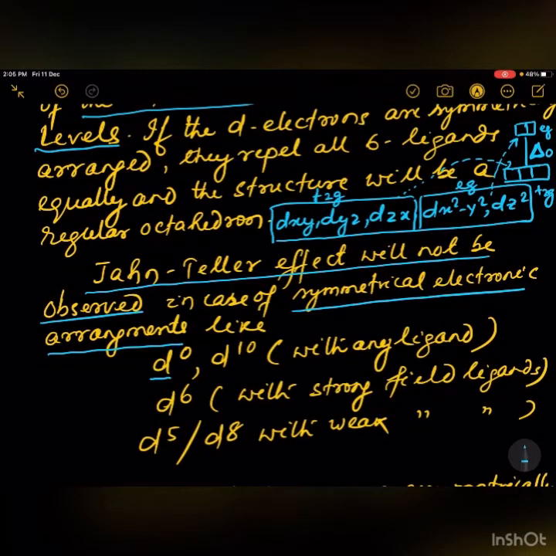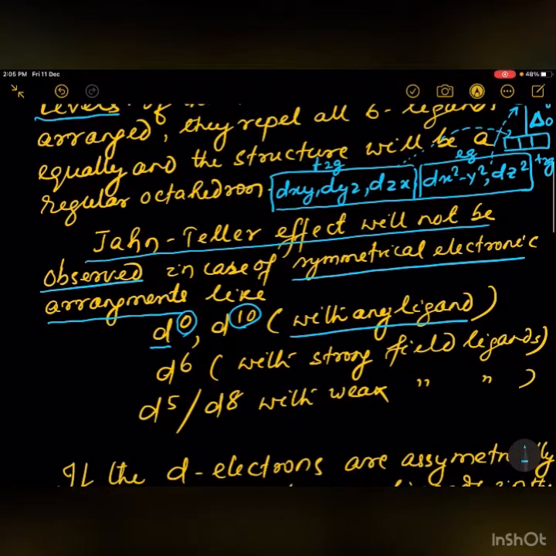If the central metal ion has d0 or d10 configuration, then there is no Jahn-Teller effect with any ligand. If it is d6, then Jahn-Teller effect will not be observed with strong field ligands.